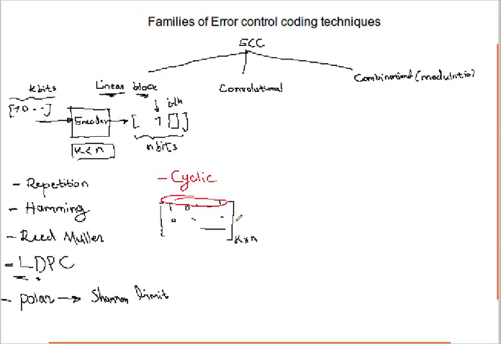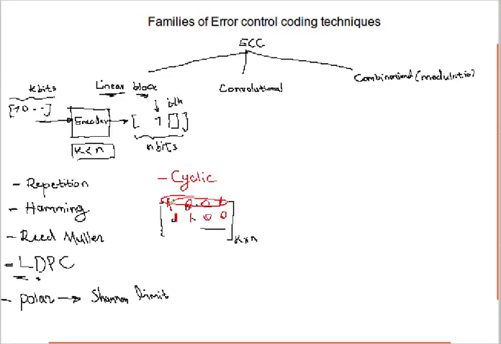For example, imagine I have 1 0 0 1, and for the second line I shift these bits, for example, to the right, and I create the second line of my matrix.